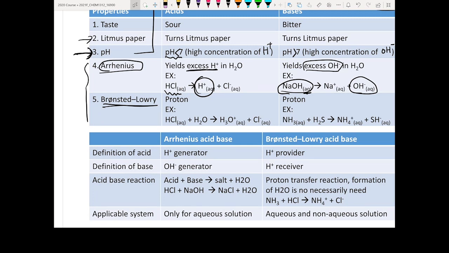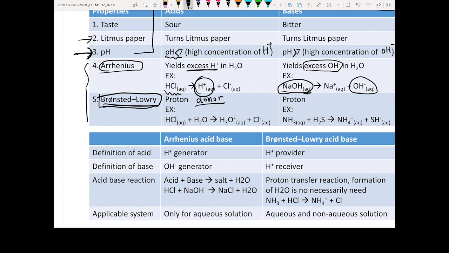So we need a better definition for acid-base. That's why we have the Bronsted-Lowry theory. Instead of using H+ and OH-, we just use H+ as my acid definition. He defined the acid as a proton donor.